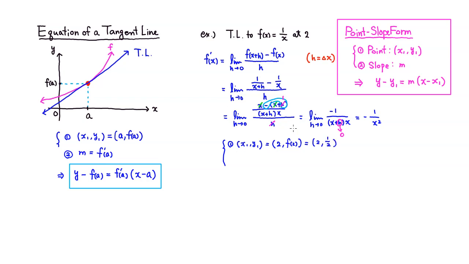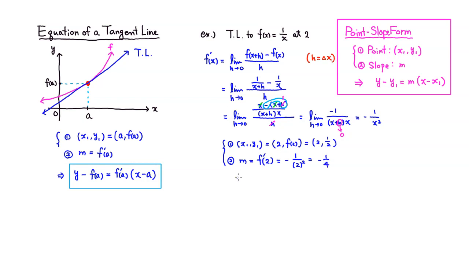That's easy to find. Then the slope m: remember, you ask the derivative and plug in the x value, which is 2. We found the derivative to be negative 1 over x squared, so we have negative 1 over 2 squared, which gives negative 1/4.